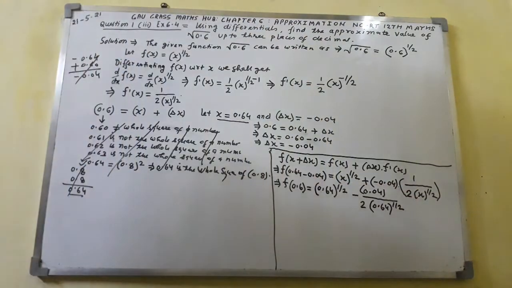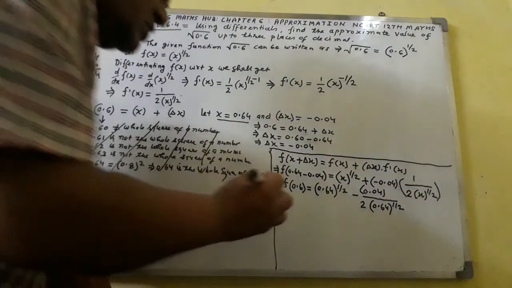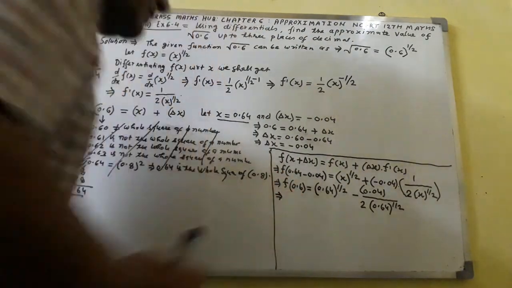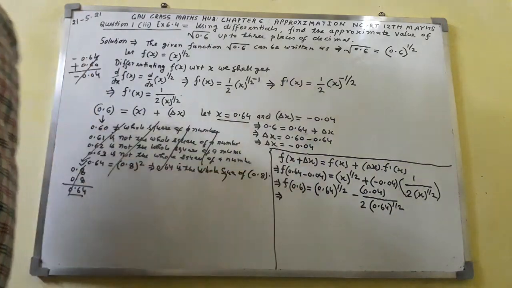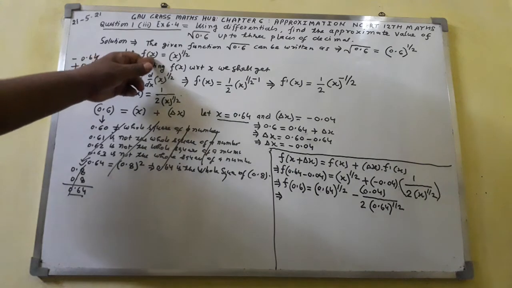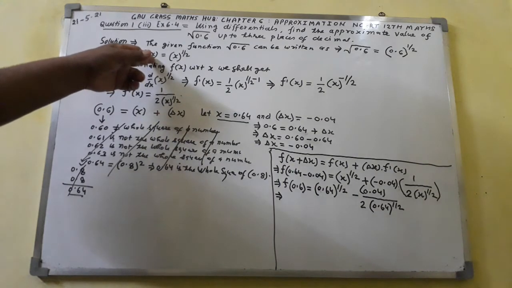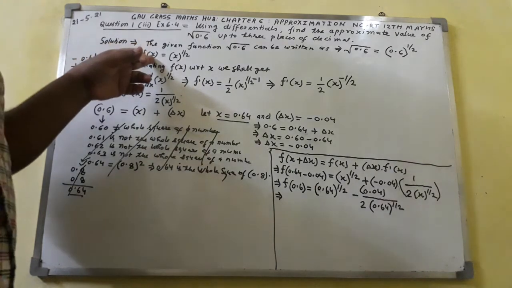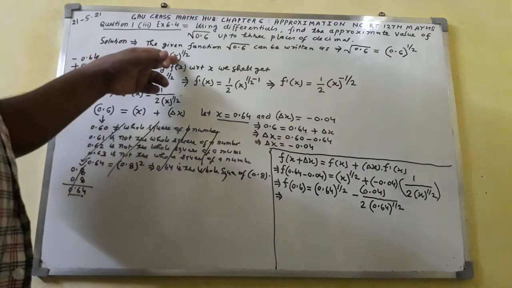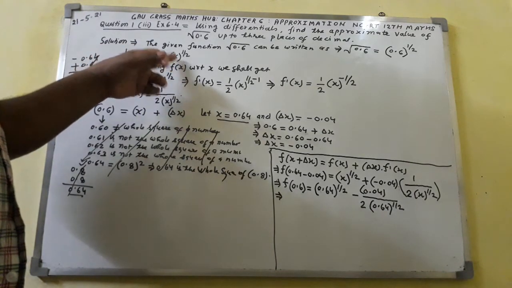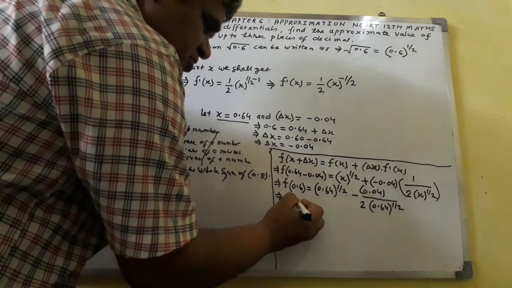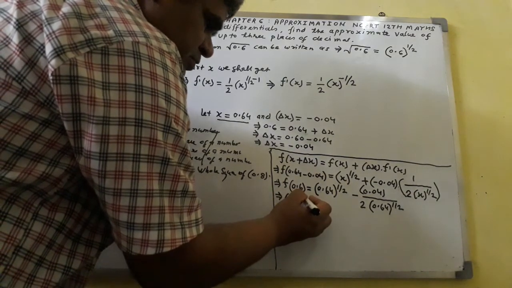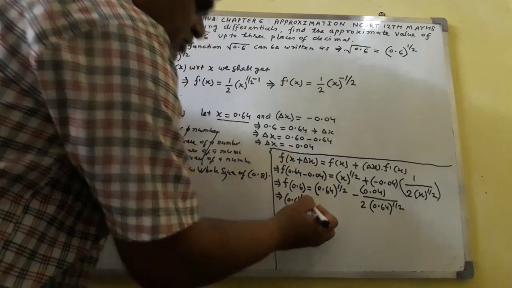This thing we shall write. Here you can see f of 0.6. Here in place of x, I shall write 0.6. So here also you will get 0.6. So here you will get 0.6 raised to the power 1 over 2. This thing will be written equal to.